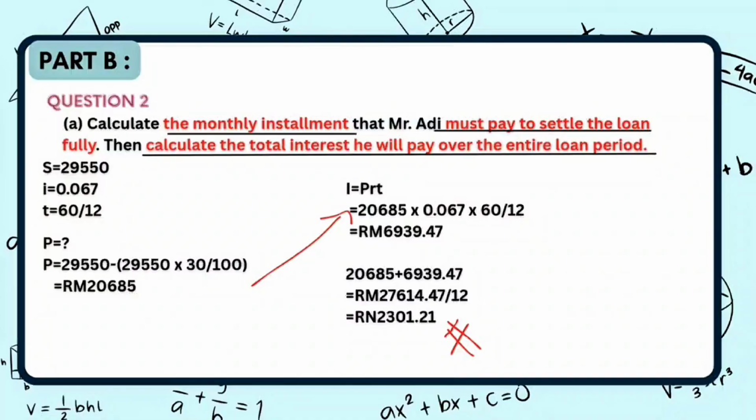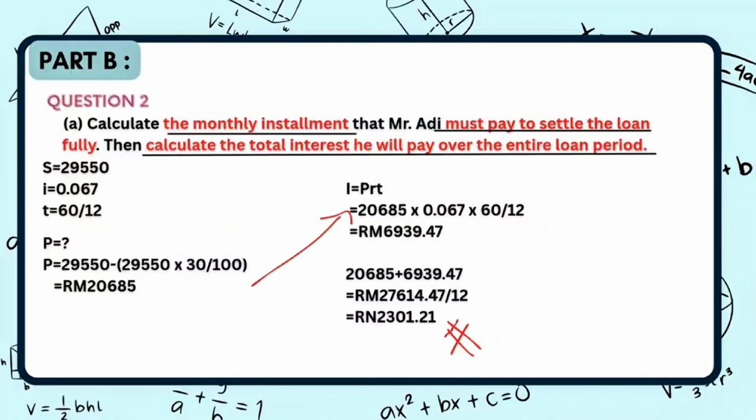Then it will be 20,685 multiplied by 0.067 and multiplied by 60 per 12. And if you use the calculator, you will get 6,939 and 47 cents. Then you take the amount plus 20,685 to search for the total amount.